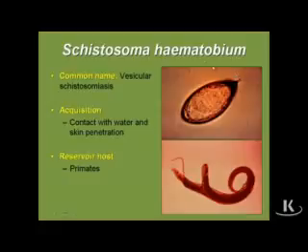So Schistosoma hematobium, with a T, hematobium terminal spine. That's how you're going to remember which egg goes with which of the schistosomes. How do you acquire them? The same way that you acquire the others, penetration of intact skin. In this case, the vesicular schistosomes, the hosts are primates rather than livestock and domestic animals.